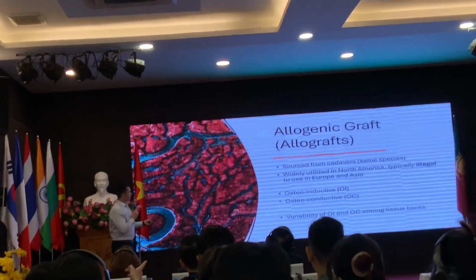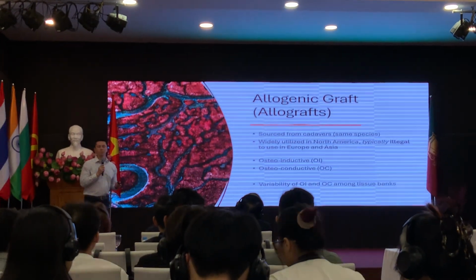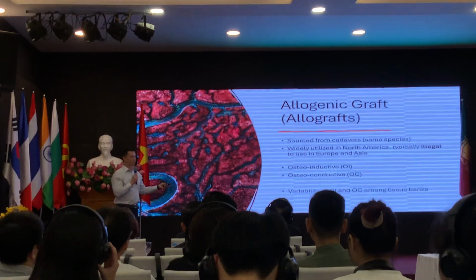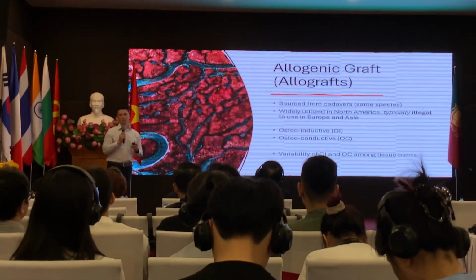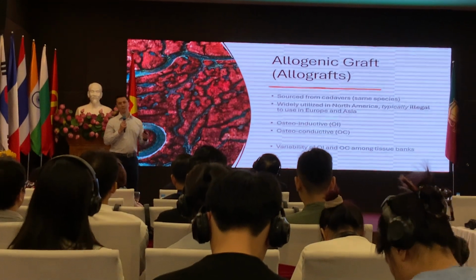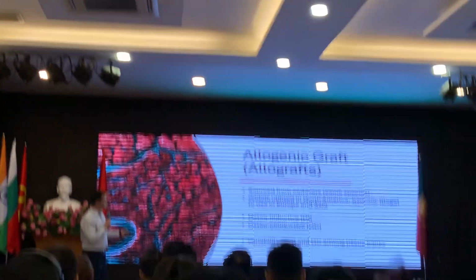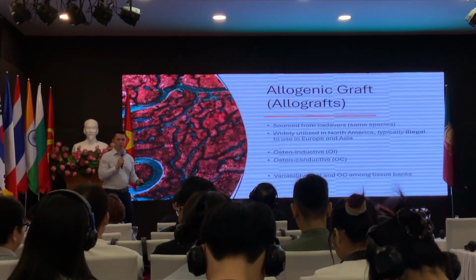Also, it has osteoinductive potential, meaning it has growth factors that come from the cadaver donor for the bone graft. Osteoconductive, meaning it has a matrix form to the graft material, which will help guide the osteoblasts and osteoclasts and osteoprogenitor cells to lay a foundation for new bone formation, for woven bone and lamellar bone.